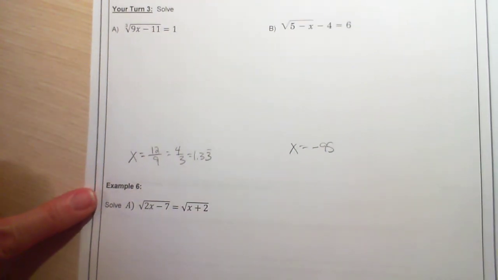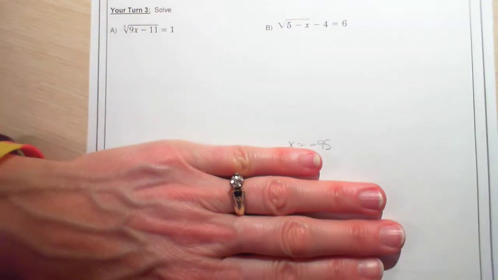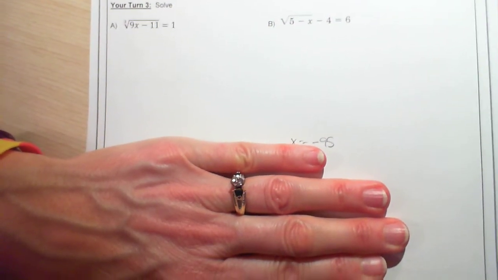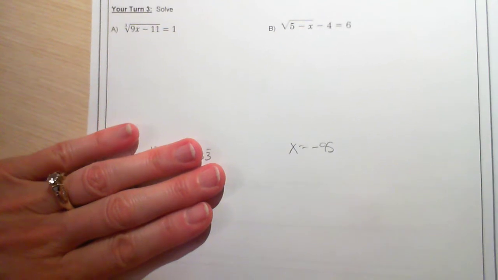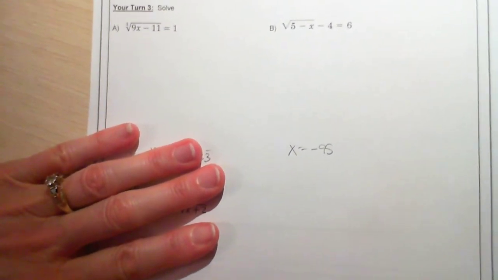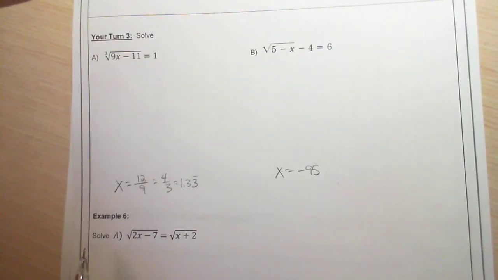And I'll probably do example 6 in class tomorrow. So if you finished your turns and finished your video, what I want you to do now is, we're going to skip this one. You can do your turn 4 on the next page. So I will do example 6 in class. You can do your turn 4.